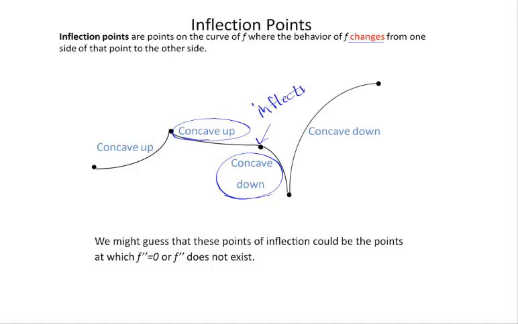This is the only inflection point on this graph, the only one. Because at this input value, the second derivative is not defined.